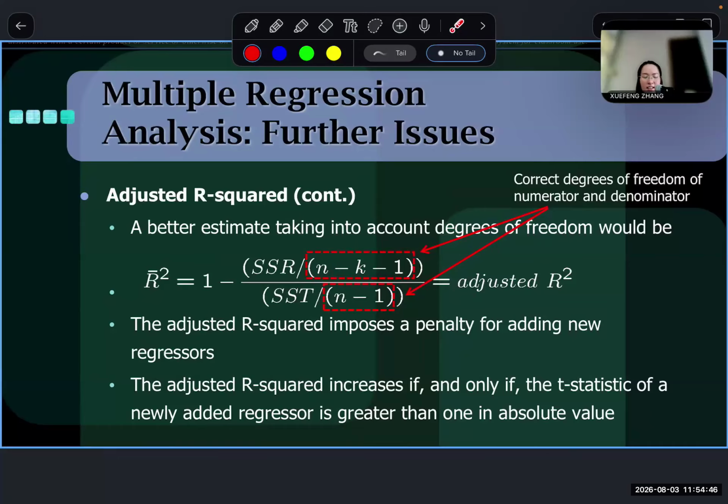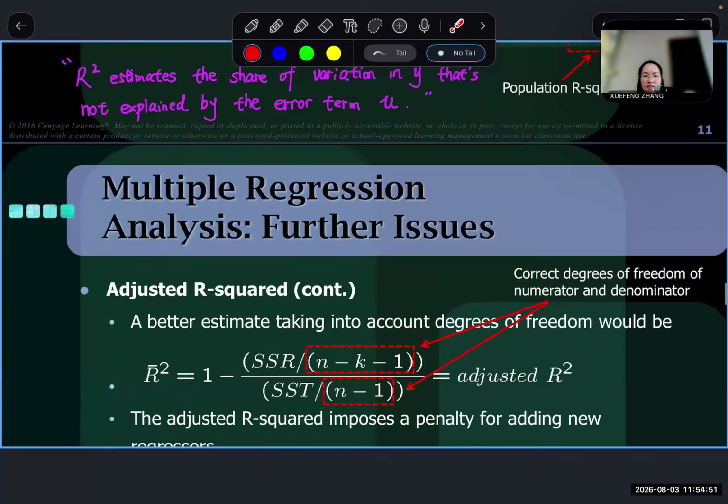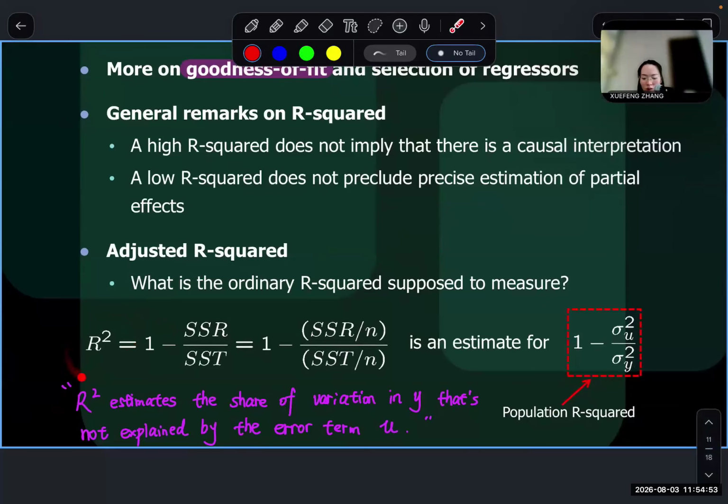Okay, so let's continue. Problem with ordinary R squared. We divide by n instead of the correct degrees of freedom, which makes it slightly biased.